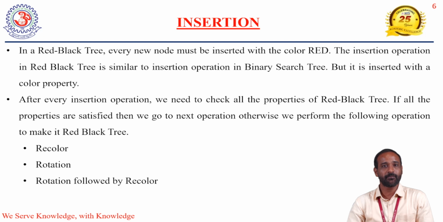If the tree is balanced, it satisfies all the conditions of a red black tree. If it is not, we have to balance it. How can we balance it? With the help of recolor, or rotation followed by recolor. These are the conditions we have to perform while balancing the tree.